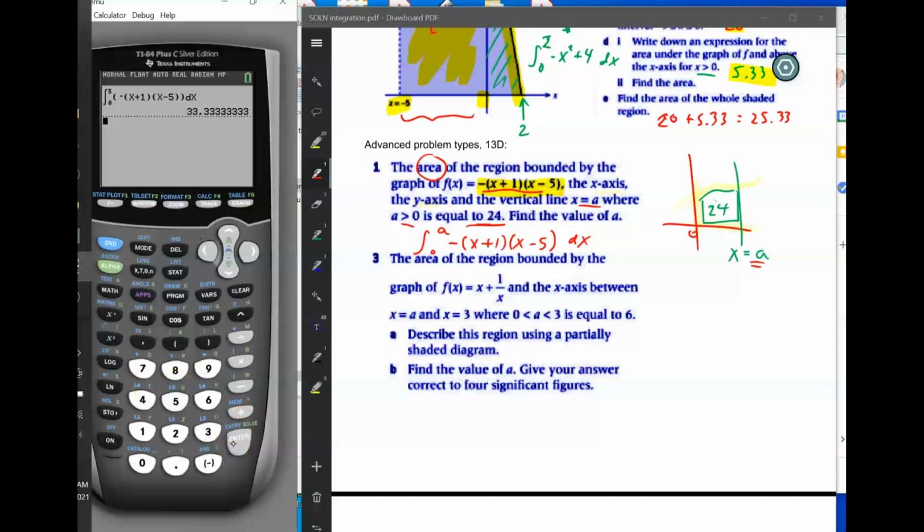So I'm just going to randomly guess 5 because that sounds like a good answer. And I get the answer 33.3. But I want it to be 24. So it looks like I made the area a little bit too big. So what if I just change 5 to a smaller number, like 4? So now I'm going to go back and change the top limit to 4.